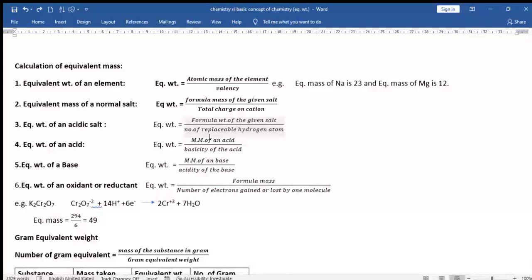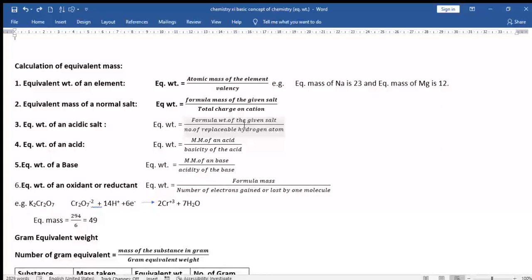If we have to calculate the equivalent weight of calcium bicarbonate, the formula is Ca(HCO3)2. In that case, you calculate the formula weight of the salt by putting the atomic mass of calcium, hydrogen, carbon and oxygen, and calculate that value for Ca(HCO3)2.